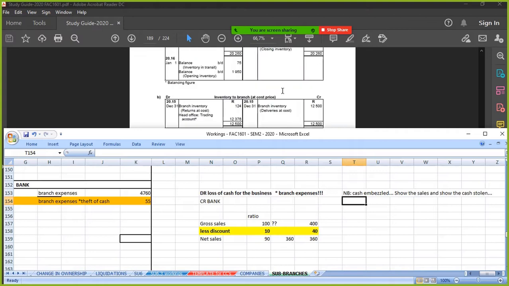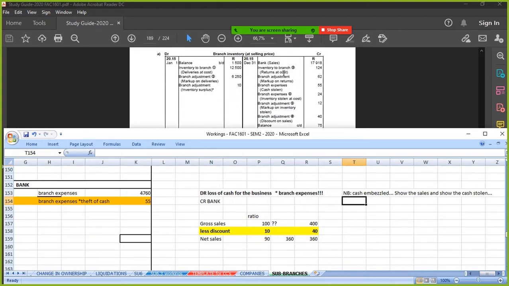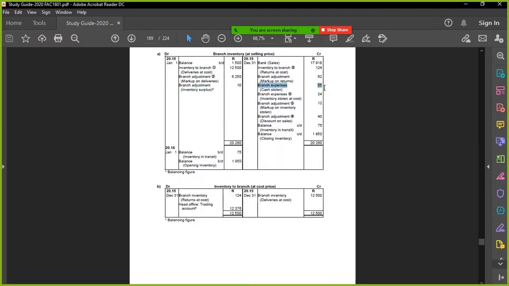So the amount that was banked here was the total, was the 7918. See that? So it would be debit. So you've got to debit the stolen cash again. That's why they're showing it separately. This is something that's unique. That's only applicable when you have an embezzlement of cash and it came from the sales. This is something that we have to include because it's stolen from the cash sales.